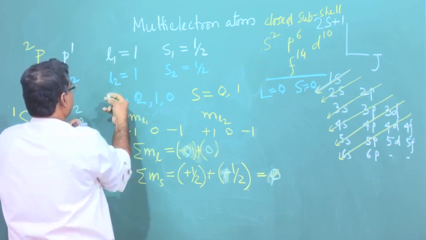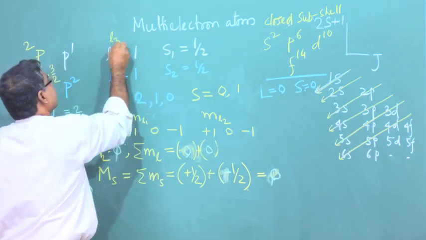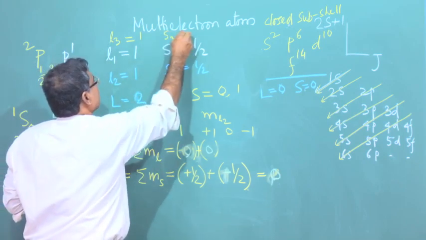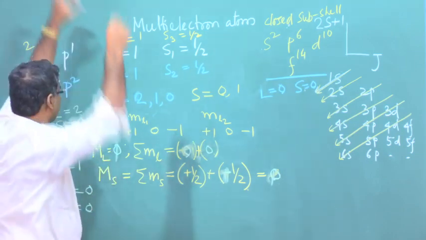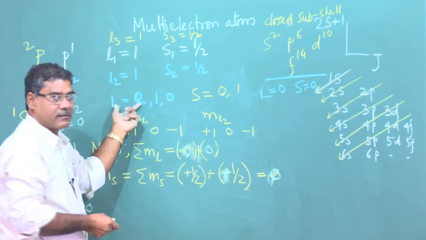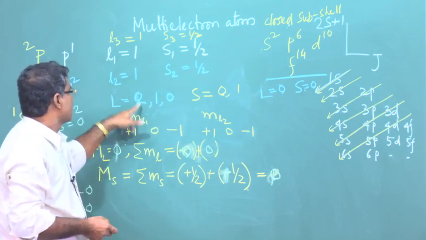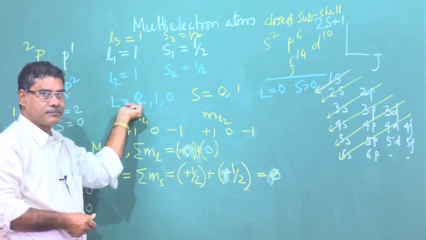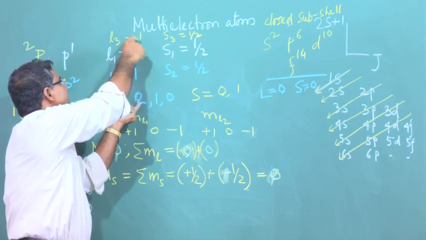Here L1, L2, then I will put L3, with L3 equal to 1 for p, and S3 equal to half. Now, from these two I already got this one. Let us take just this value and add the third one, for L equal to 2.